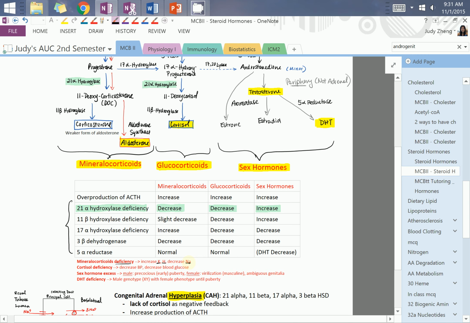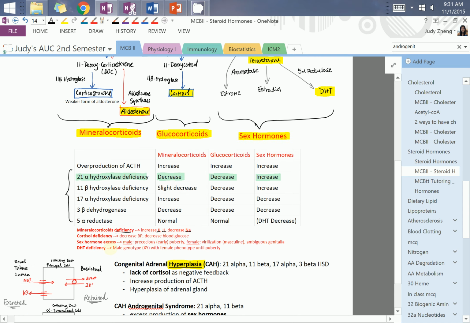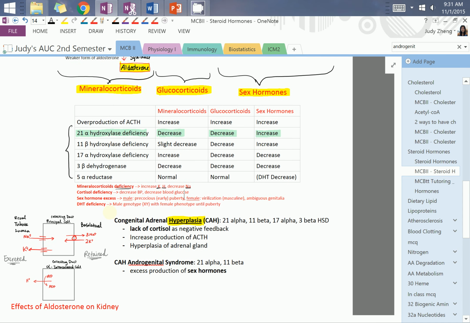And this is because of what's happening in the kidney. I'm going to go down to this little image I have of the kidney. So this is the effect of aldosterone. So that's just the mineralocorticoid. This is its effect on the kidney.